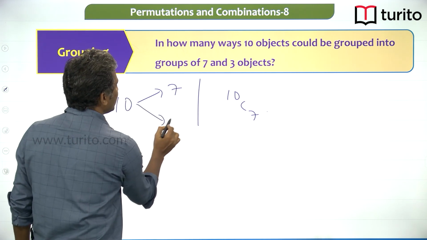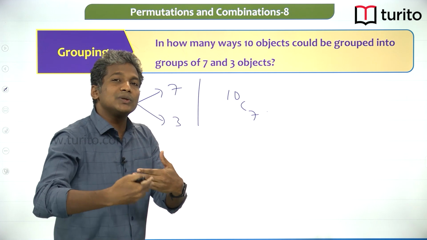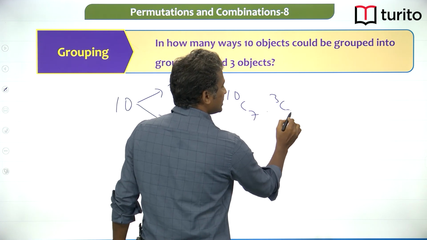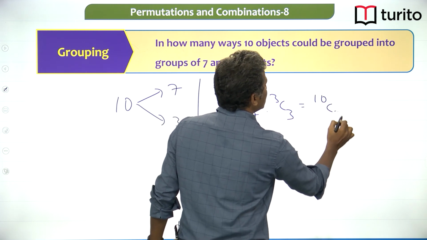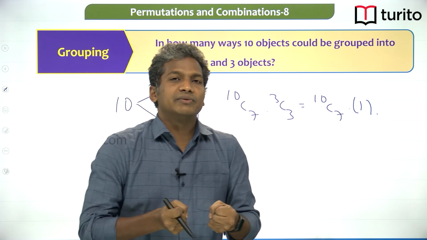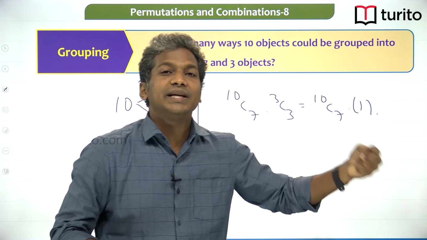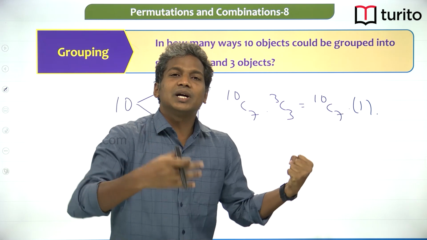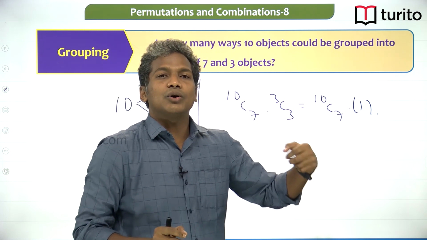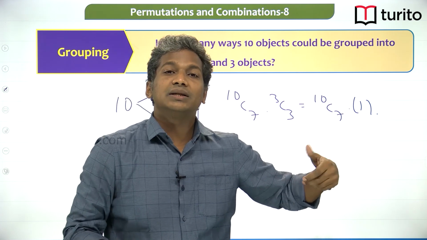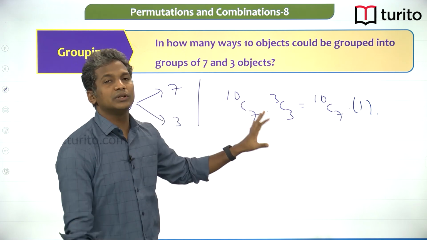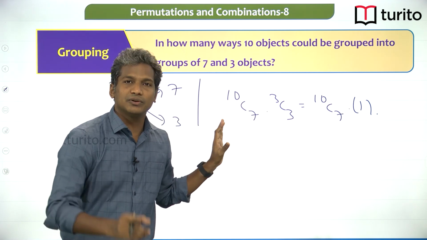So, in how many ways can we do that? From 3 you want to select 3 and that is always one way. You can also write that 1 as 3C3 or you can also write it as 10C7 into 1. So, when we are forming a group of 7, automatically the group of 3 is formed. So, that is always one way. So, when we are forming one group, if the other group is automatically getting formed, then that second group will have only one way.